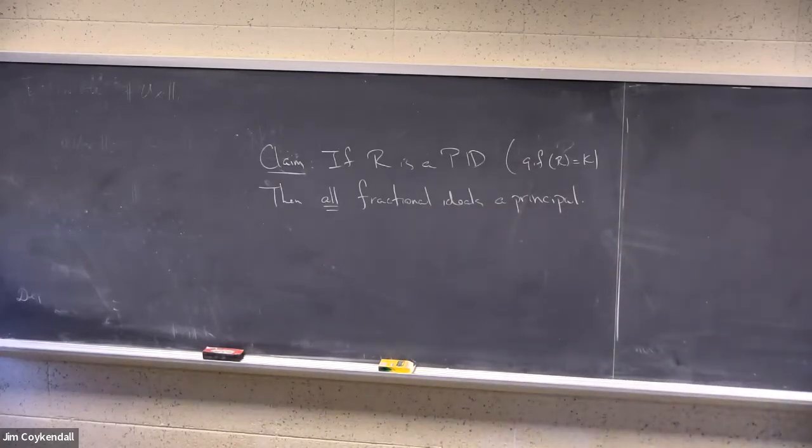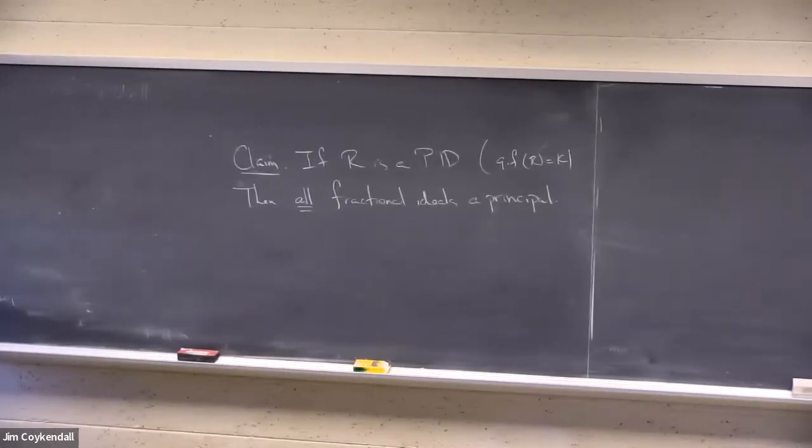No shocker so far that the ordinary ideals are principal, because that's what it means to be a principal ideal domain. But the question is how do you know there's not some fractional ideal that's not principal? Any idea?